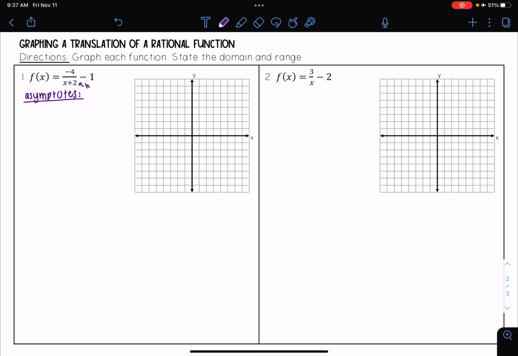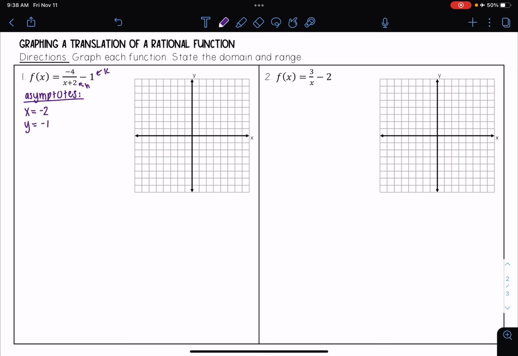Since this is x plus 2, x is going to equal negative 2. The reason why is we're looking to see what makes that denominator equal to 0. When I plug x equals negative 2 into that denominator, negative 2 plus 2 gets me 0, and that's my undefined. And then my k is equal to negative 1, so that means my horizontal asymptote is y equals negative 1.